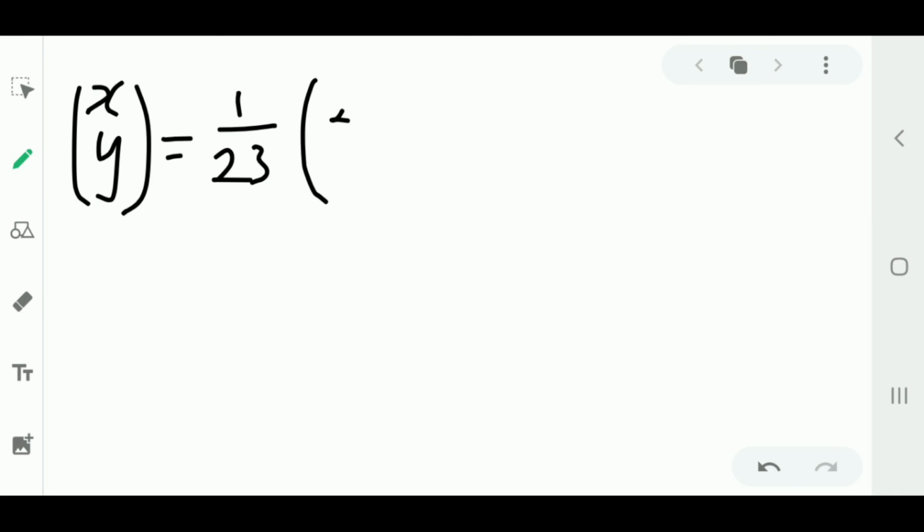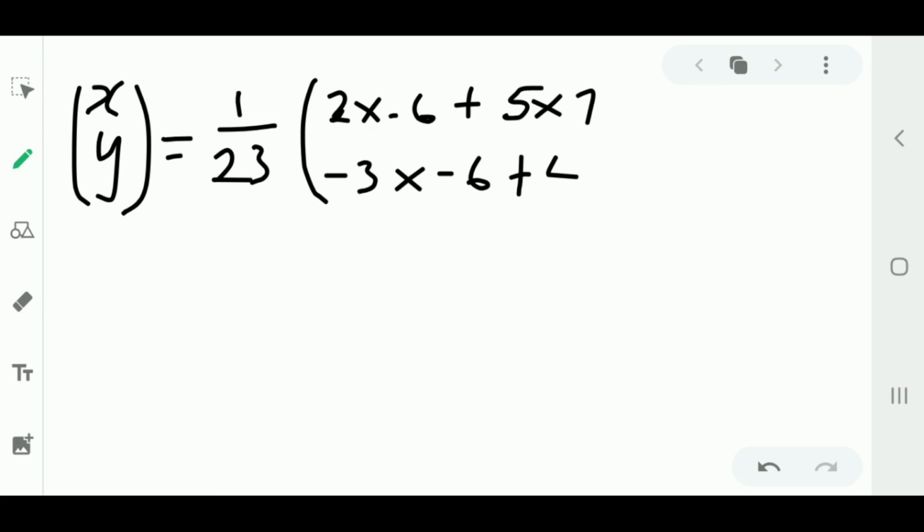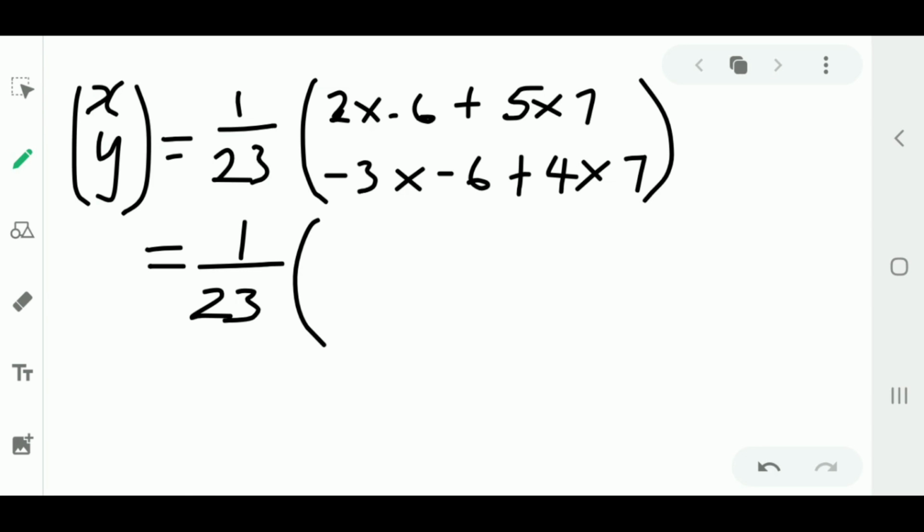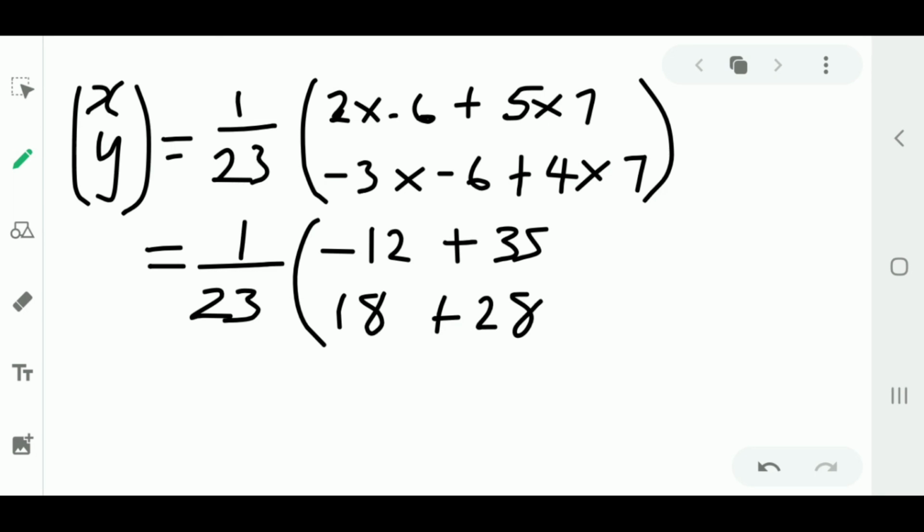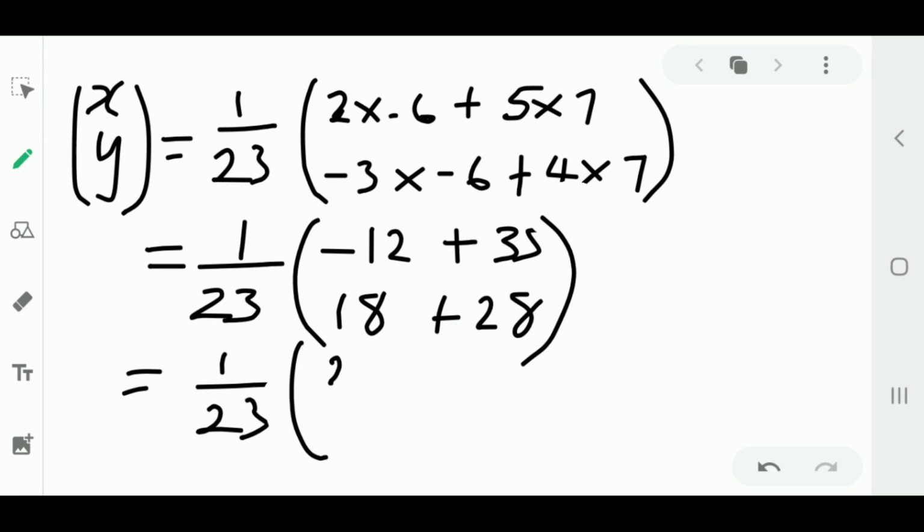So it is 2 times minus 6 plus 5 times 7, and minus 3 times minus 6 plus 4 times 7. We get 1 over 23 times minus 12 plus 35, which is 23, and 18 plus 28, which is 46.